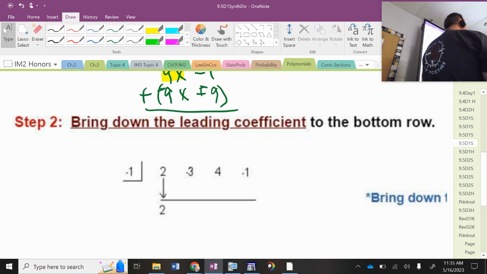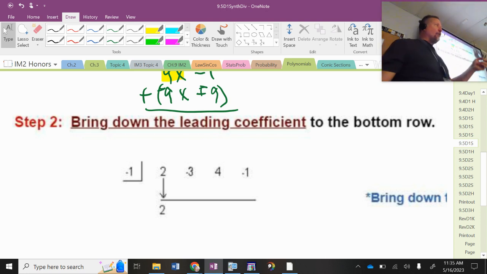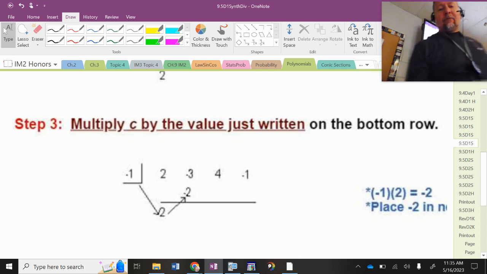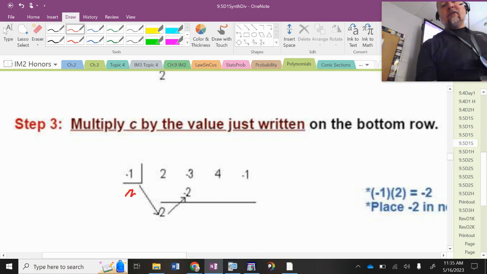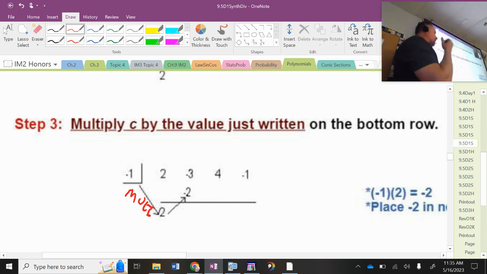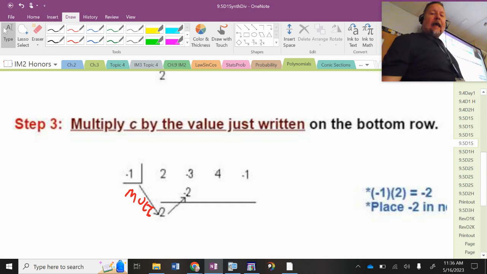All right, then the next step. Again, don't rewrite this whole thing. It is a multiply. So take negative 1 and multiply it by 2, and then put it in this blank underneath the next column. And then you add these two.